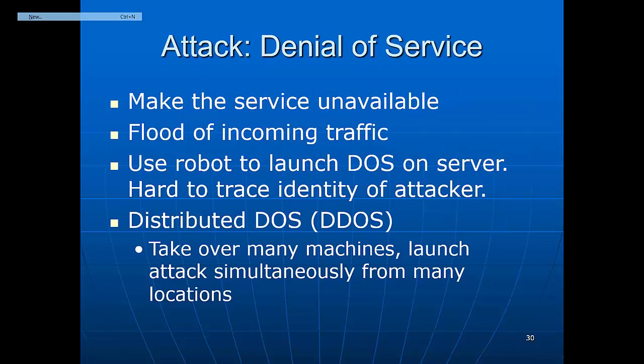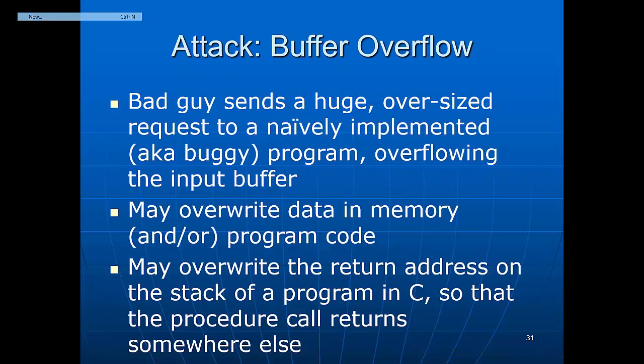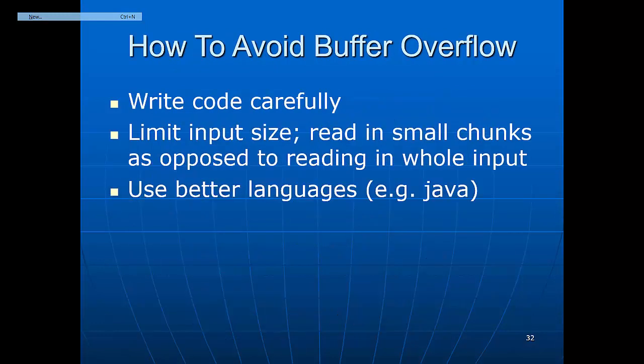Denial of service, DDoS, distributed denial of service. They can use a robot type program to launch, basically flood. Buffer overflow, sending huge amounts of data, that's another one. There are very generic tips to avoid each of those.